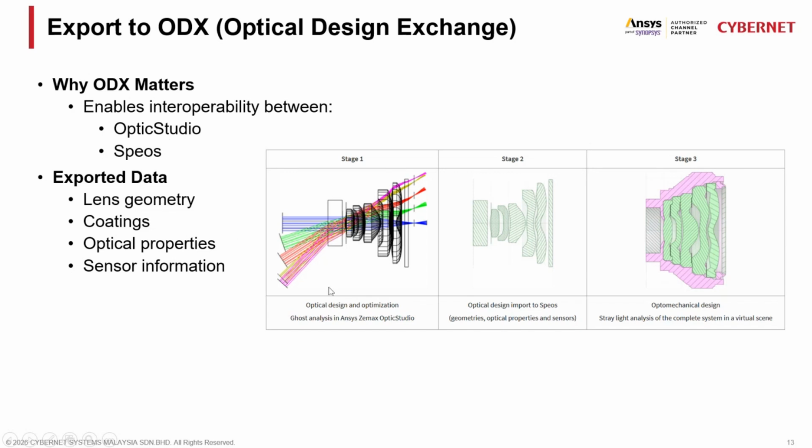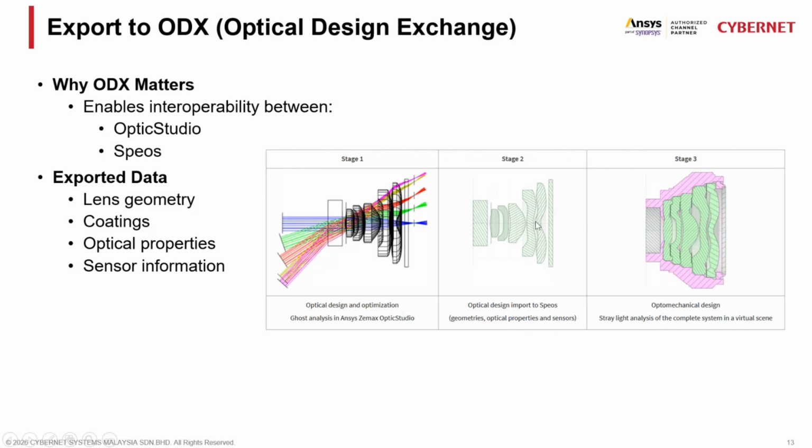Ansys OpticStudio will output the lenses and also the light rays into the ODX file. When we import this ODX file into Speos, you will get some solids, which refer to the lenses, and also the ray path direction if we export it, and also the optical properties and the sensor.